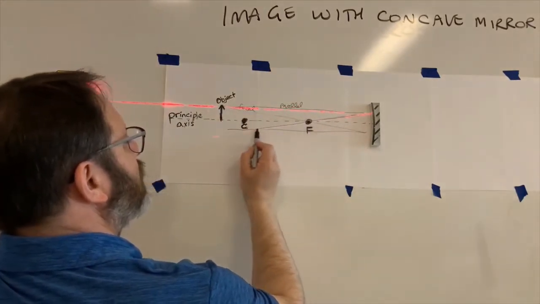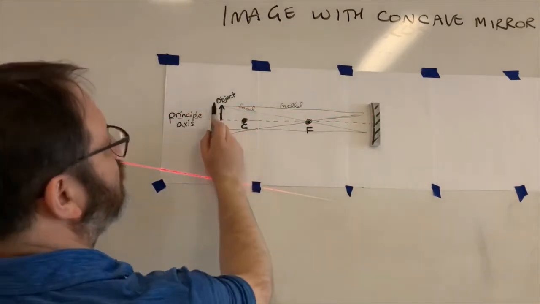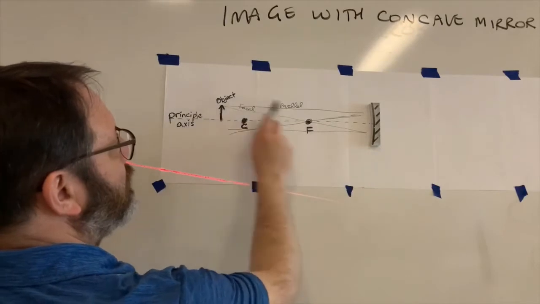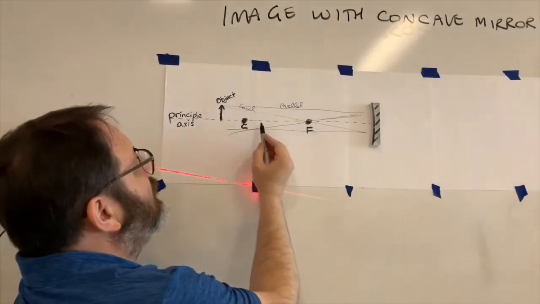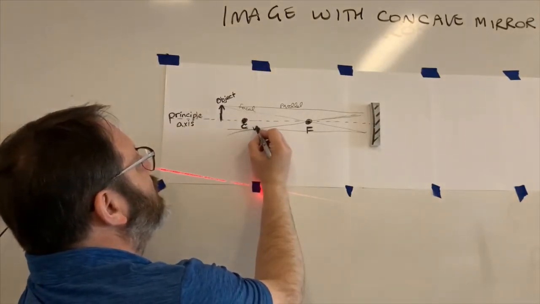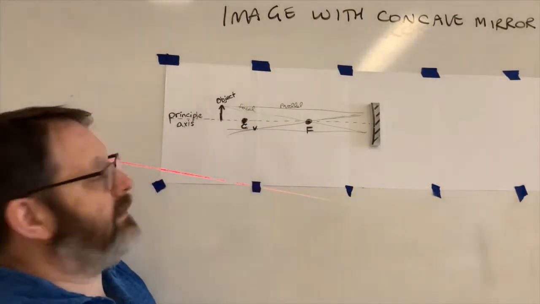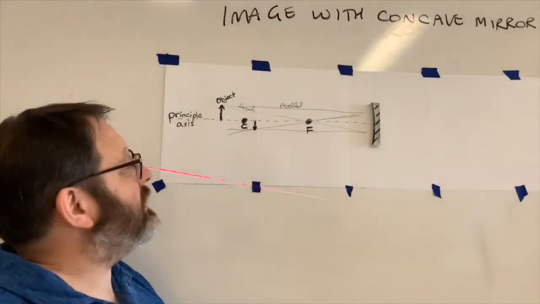So through the focal point will be down here somewhere. The focal went this way, the parallel went that way, and you can see we've got a place where they cross. So we know the top of our image is going to be somewhere right about there, and the bottom will be up here. So that's how you draw the image.